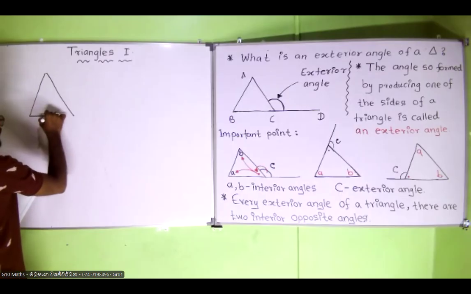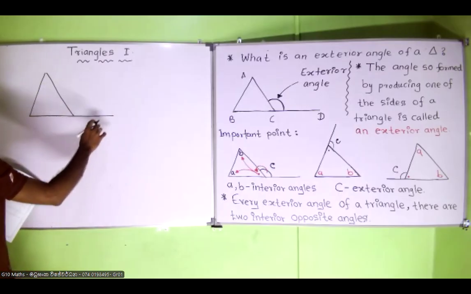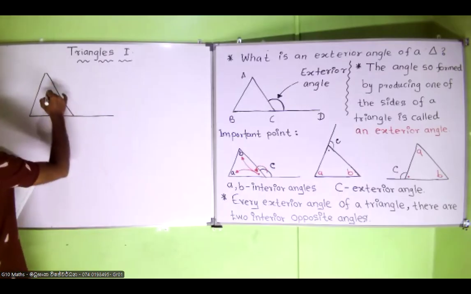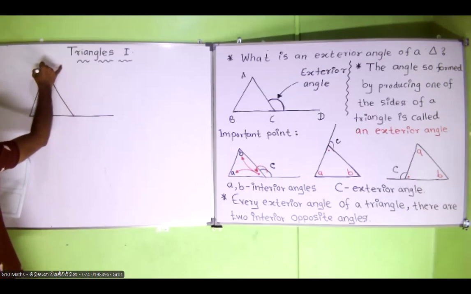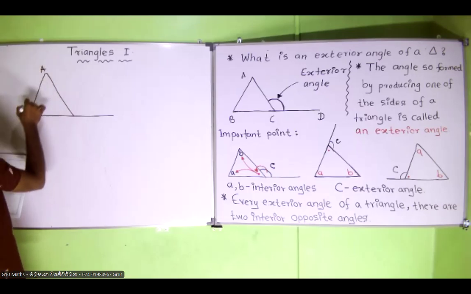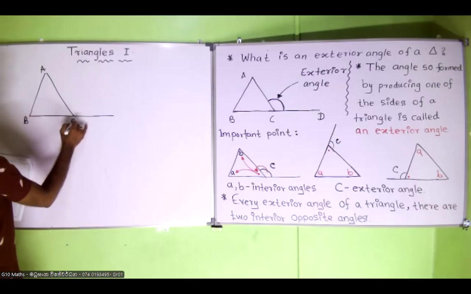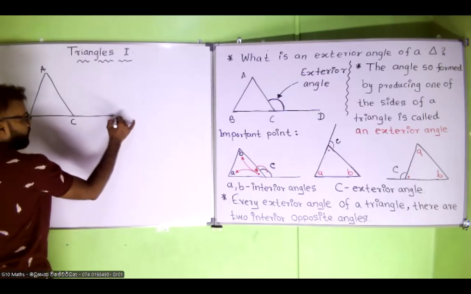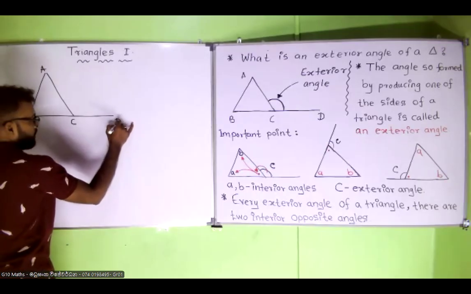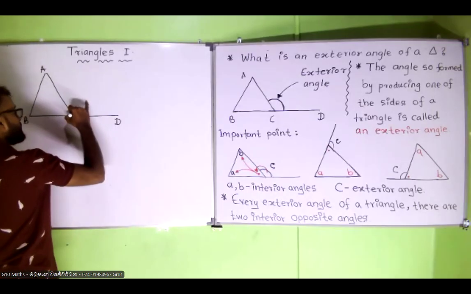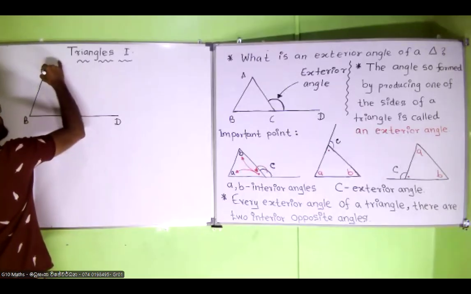So now this is my ABC triangle, and the BC side is produced up to D.